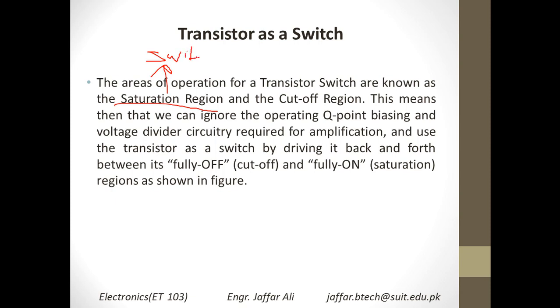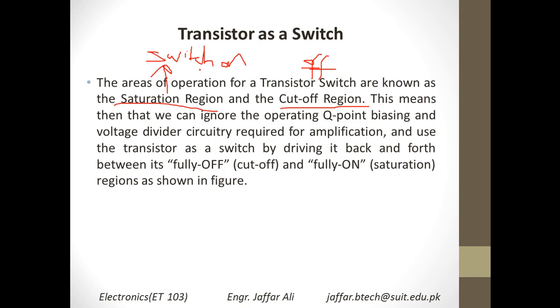This is your switch on region, and there is a region known as the switch off region, or you can say cutoff region, where your device is completely switched off.